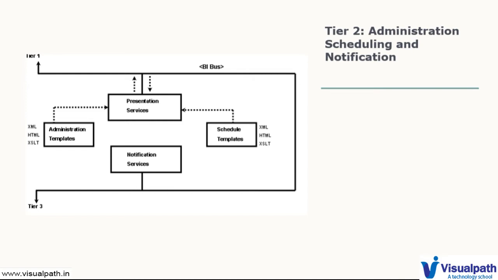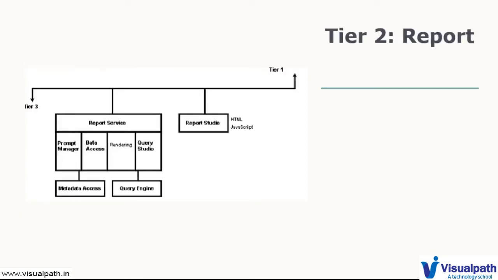After that the notification service comes into the picture. This notification service schedules the report, and once the scheduling time has been reached, it sends the mail to the corresponding business unit. So this is basically the administration scheduling notification. And then we have this reporting tier for how the basic reporting happens in Cognos. So this is also a very important functionality.